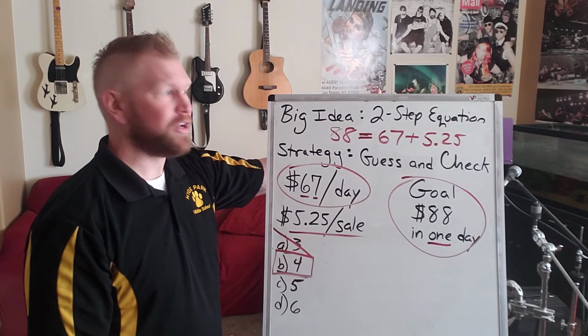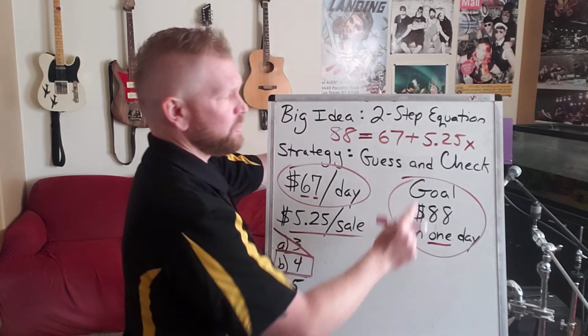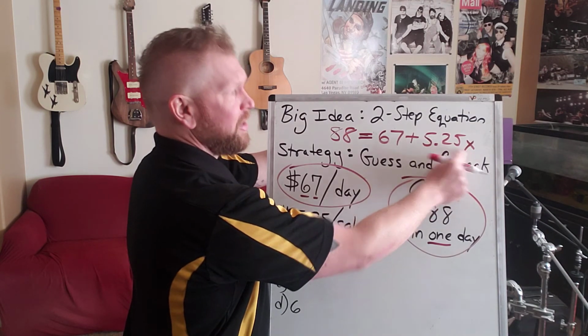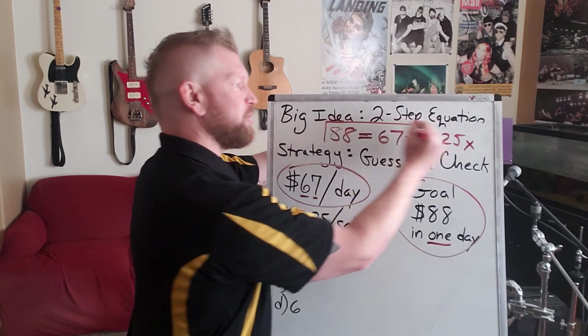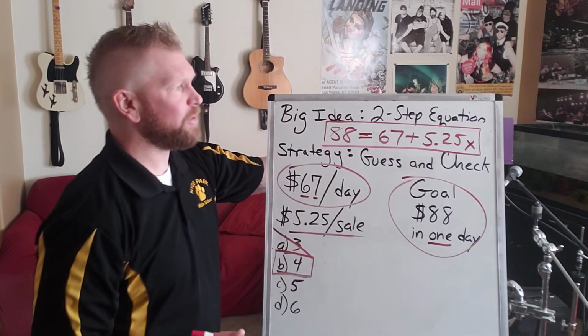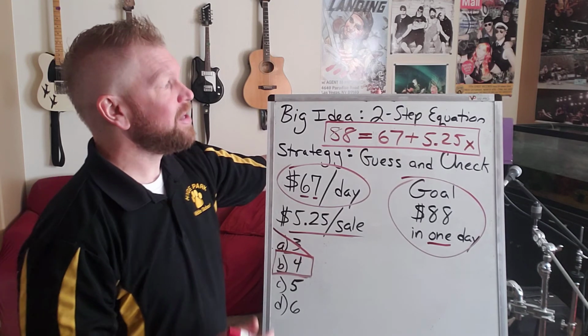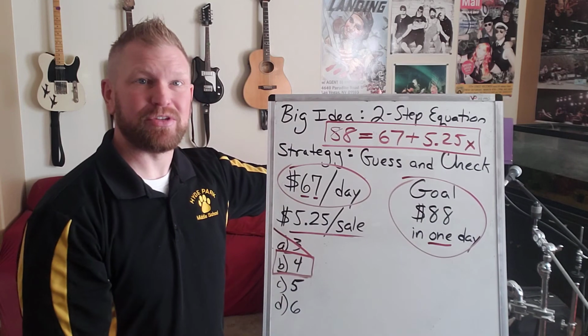Well, if we didn't know the number, you could call it a variable. Let's call it x. So it's $5.25 times whatever x is, that missing number, plus the 67 to equal the total 88. And this is a two-step equation. This is how you could write that same equation in algebra. 88 is equal to 67 plus $5.25 times x, and the x is the missing number.